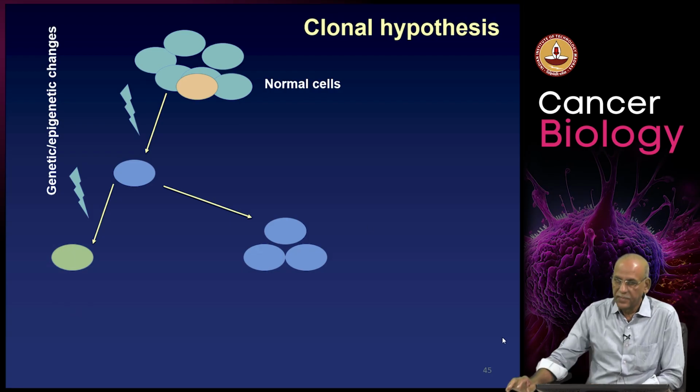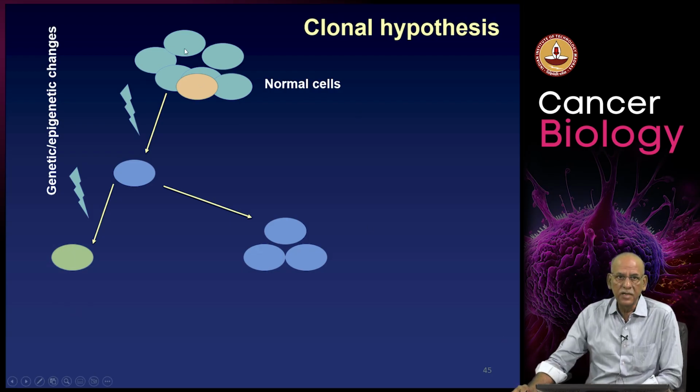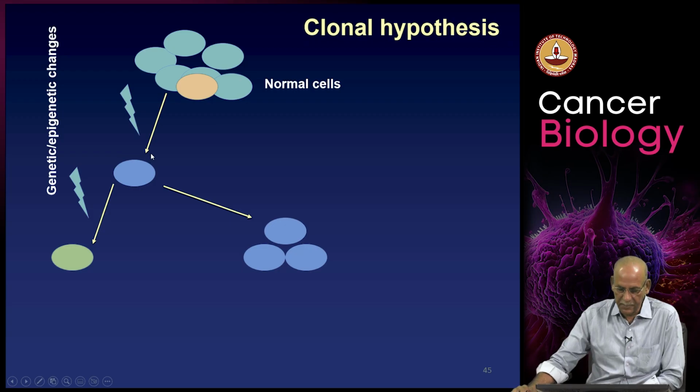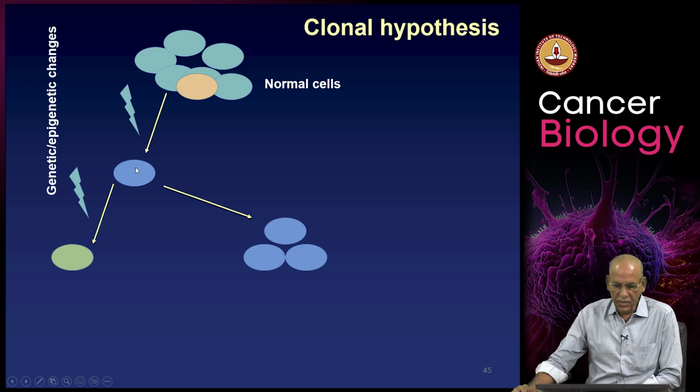Let us say that you see a light blue and a dark blue cell is formed. That means some changes have happened, mutation or something. So, this produced one clone. Now, upon cell division this will produce other clones. So, this is like monoclonal. One cell is altered and when it divides, it produces its own clones.